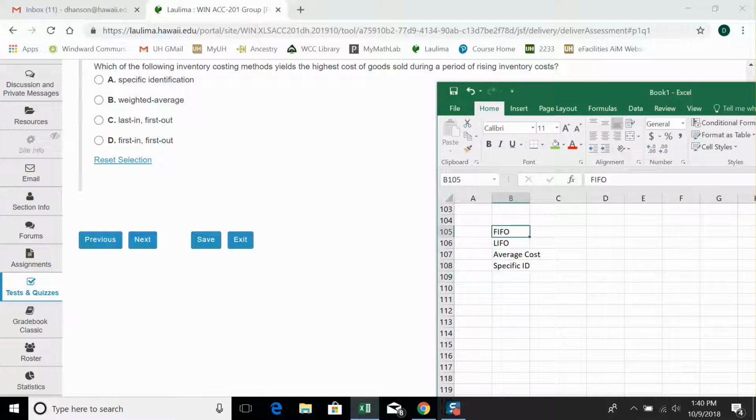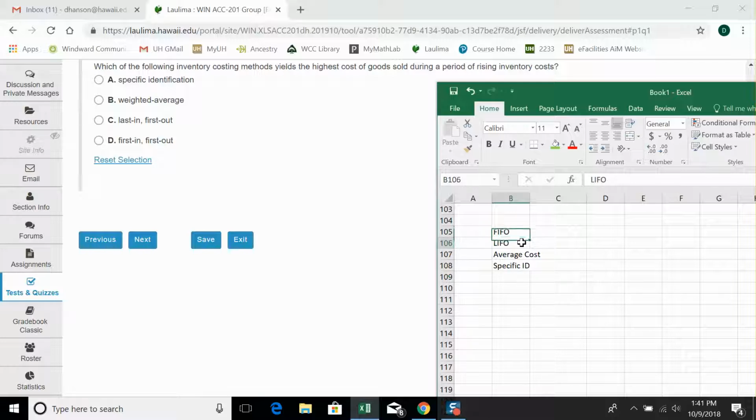Remember that FIFO, first in, first out, will take the older items and put them into cost of goods sold first. So we would be working forward. And if we were in a situation with rising costs, then the older items would be cheaper, right? So we would end up getting cheaper items in cost of goods sold under first in, first out.